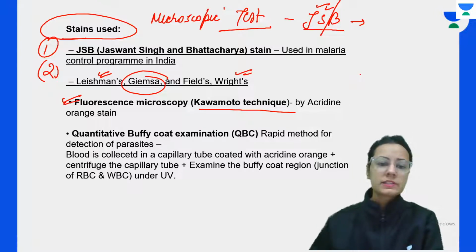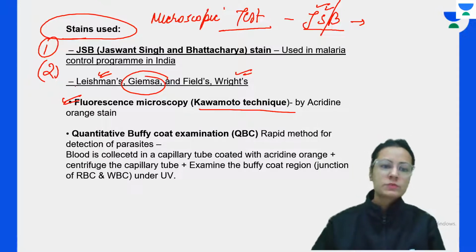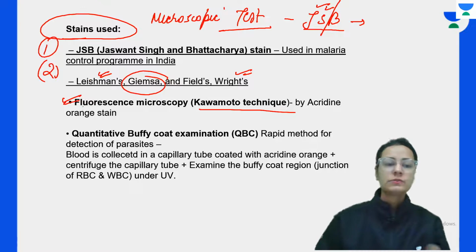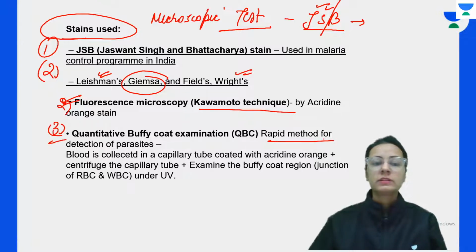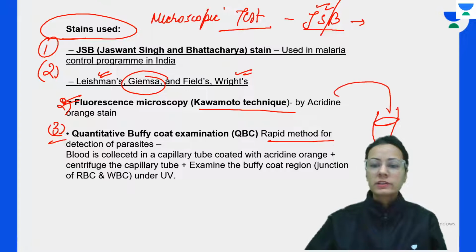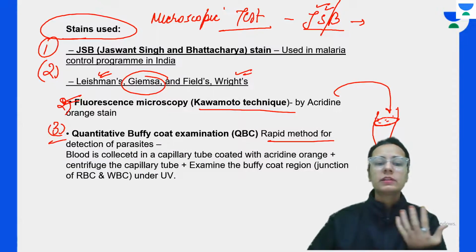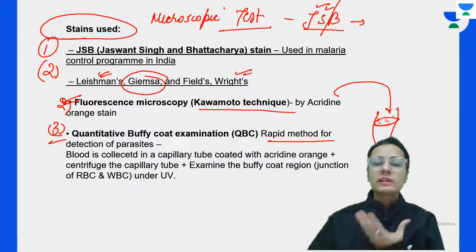Now another is the QBC method. One we are using the JSB stains, other we are using the Kawamoto technique that is a fluorescent by the acridine orange stain. And we are using the QBC method that is a rapid test for the parasites, and the blood is collected in the capillary tube that is coated with the acridine orange dye, and it is centrifuged and we examine the buffy coat.